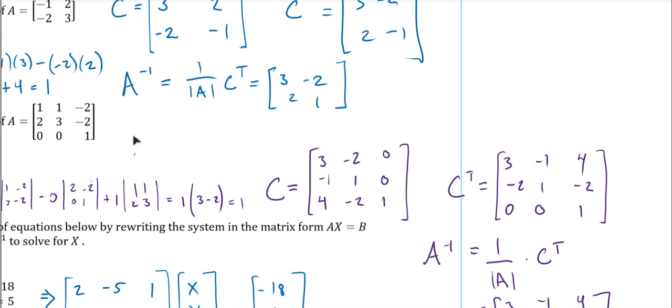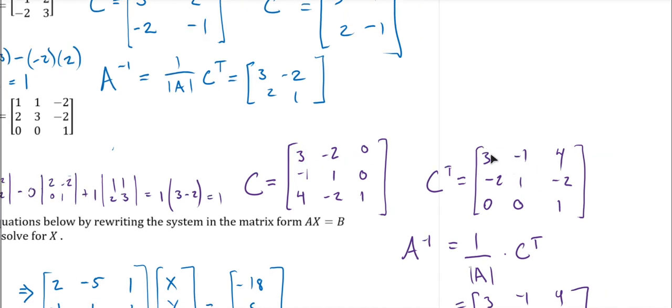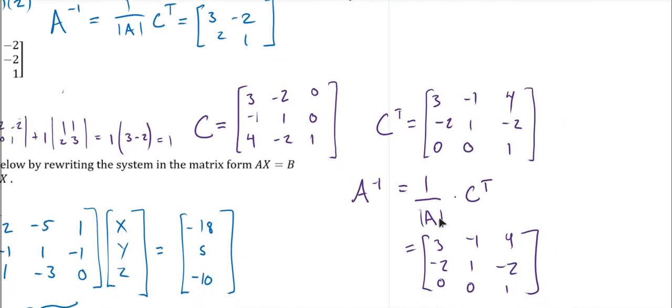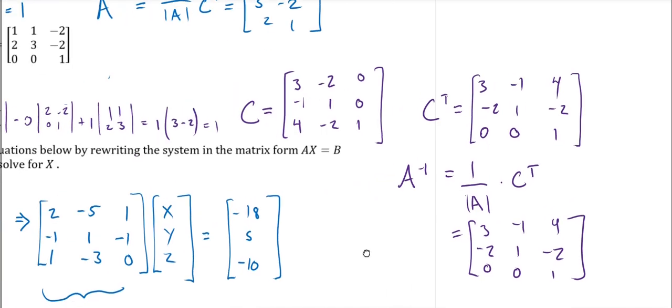That calculation is straightforward, right? We would cover up this element here. We would look at the 3 minus 2, 0, 1 matrix, and we would assign the appropriate sign in this upper left-hand corner. That's a positive. Then we take the transpose of that matrix, flipping it around the diagonal, and then we want to divide every entry by the determinant. If I do this, we get the following inverse for our matrix.